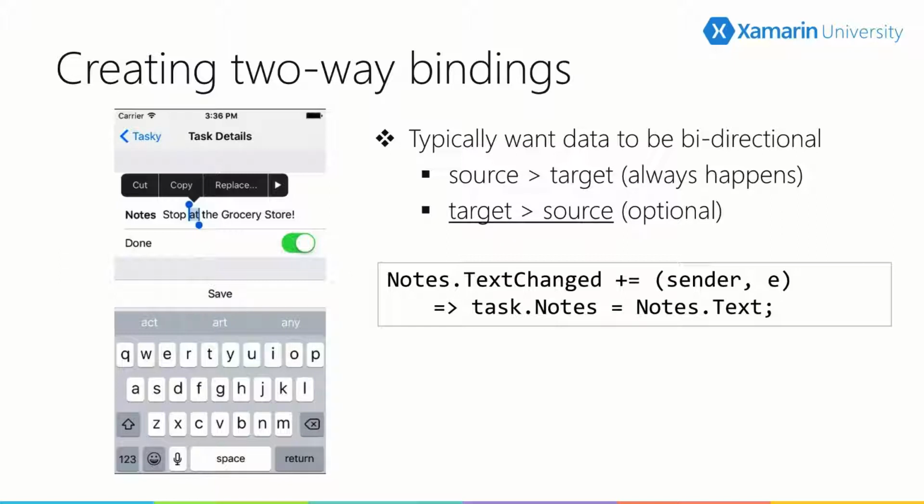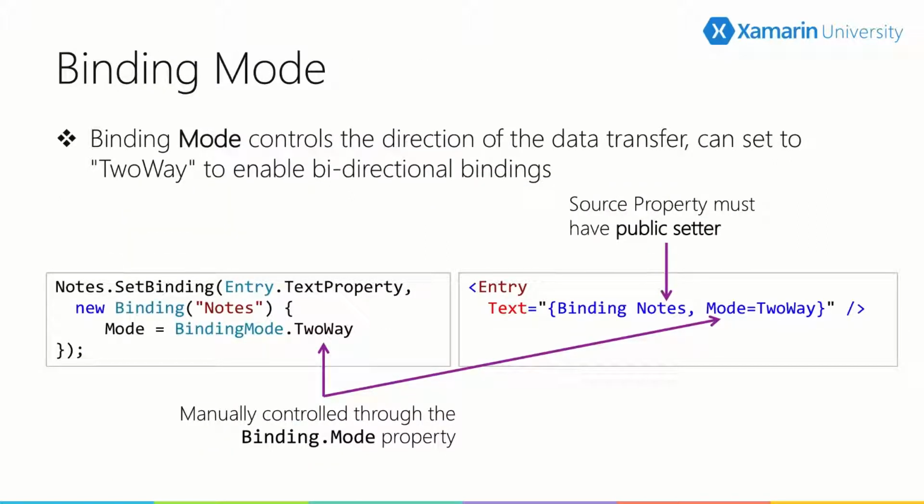This is typically what we want to happen, and it's good that this is the default behavior. It tells us that data is always flowing from the source to the target, but there are situations where it's also automatically going back from the target to the source.